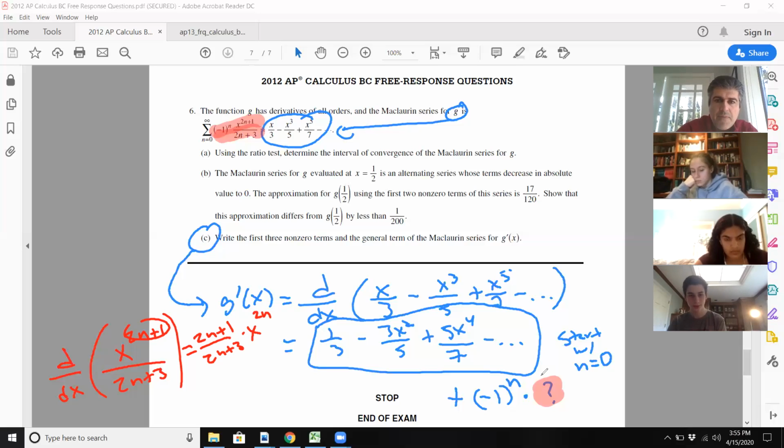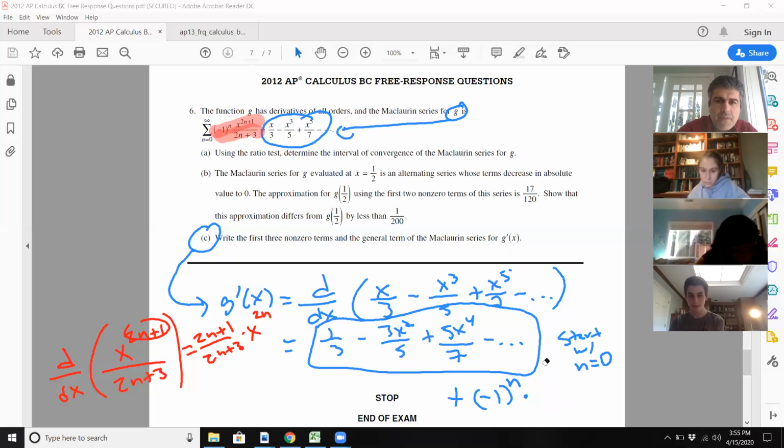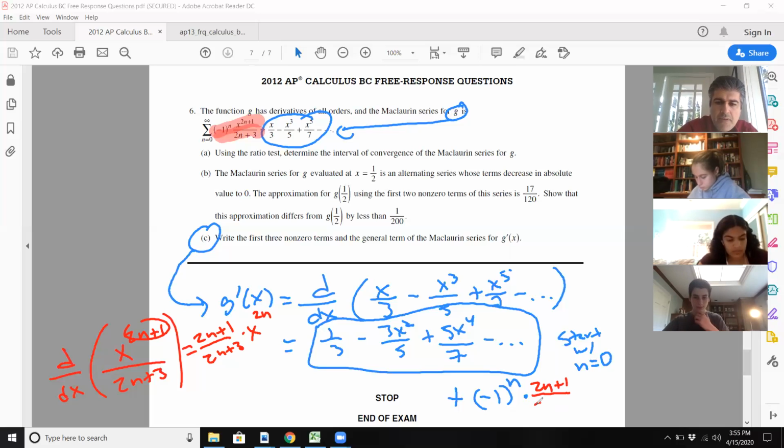So really, what's going to happen? You still have -1 to the n because it's alternating. Plus it's like a constant, right?